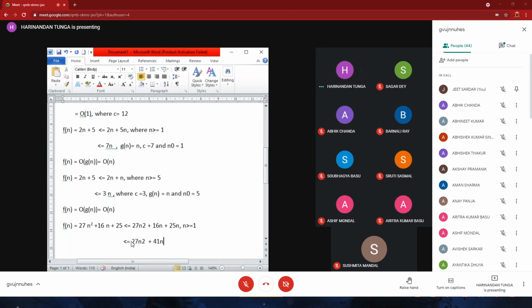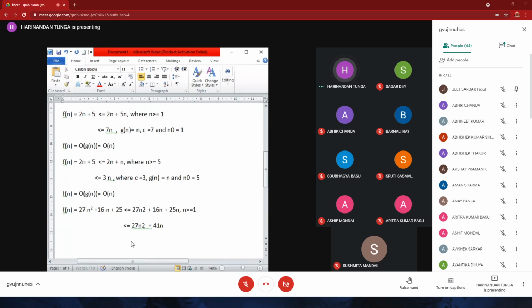Okay. 41n less than equal to 27n square plus 41n square, where n greater than equal to, what is the value of this one? So 1. Very good.